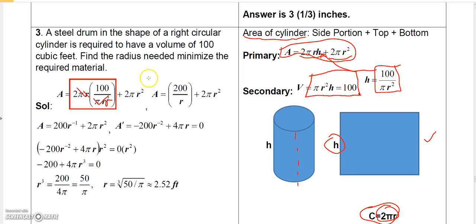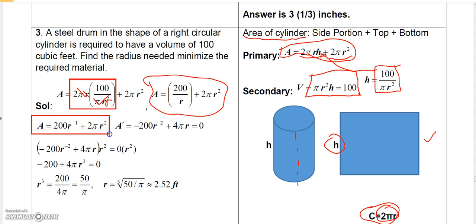Now, that's my area, and since I want to optimize that area, I need to take the derivative. But before I take the derivative, let me rewrite this using negative exponents. So 200 over r is 200 times r to the negative 1.